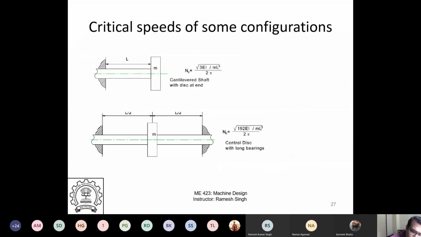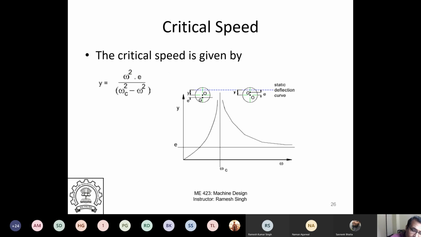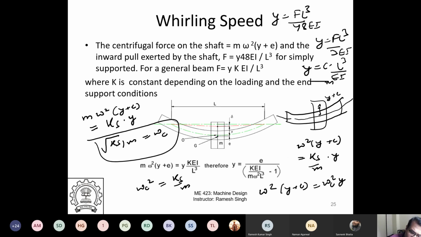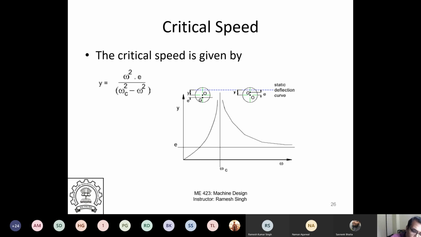So sorry, let me go back. I had this equation, right? Omega square (y plus e) is equal to omega c square y. So omega square y plus omega square e is equal to omega c square y.